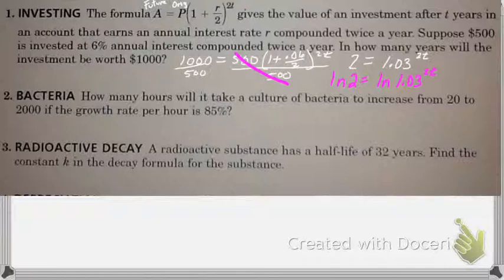The reason for that is to take the 2t and be able to slide it down front. And I'm moving over to the left side. The 2t comes down front of the ln 1.03. So I have 2t ln 1.03 equals ln 2.